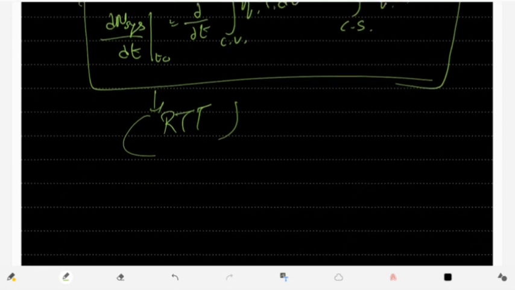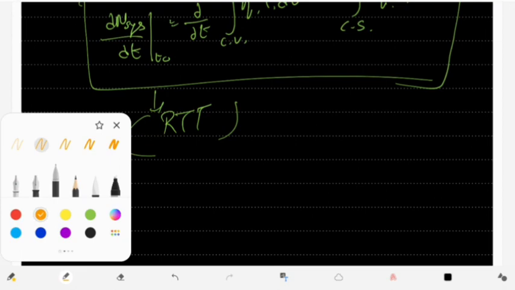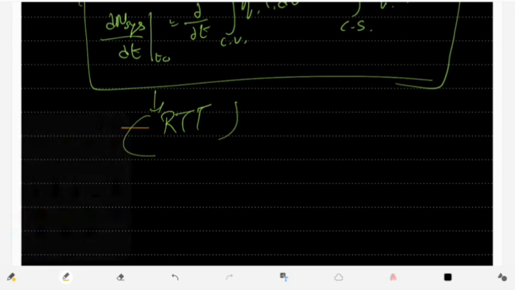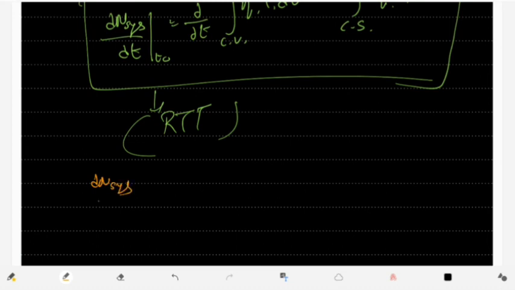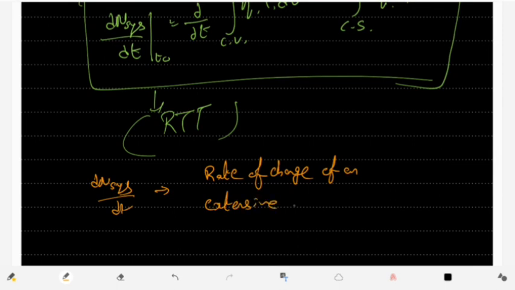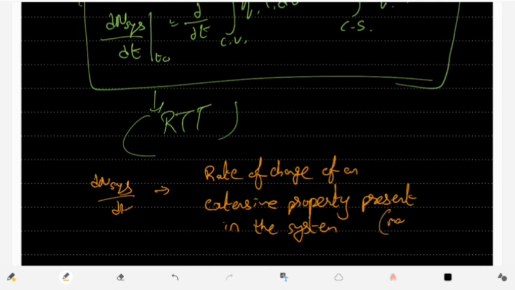Okay guys, here I'll explain each term. Here dN system by dt is known as the rate of change of any extensive property present in the system, that means the mass, momentum and energy.